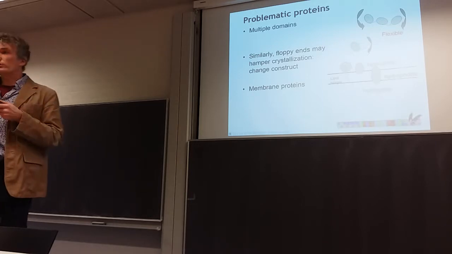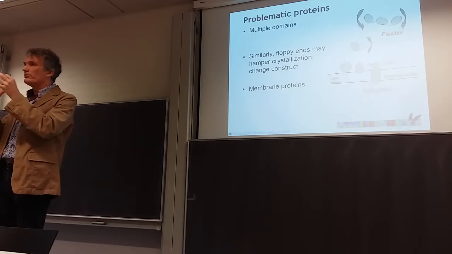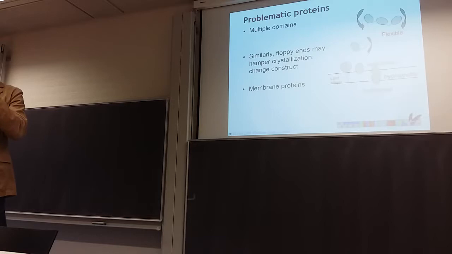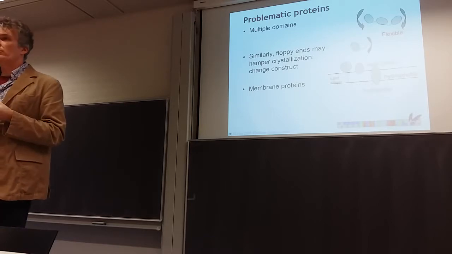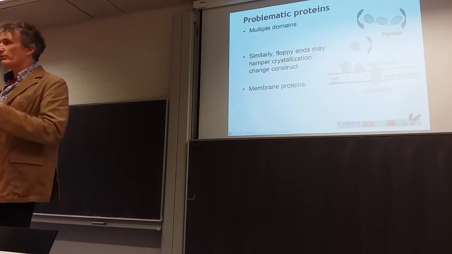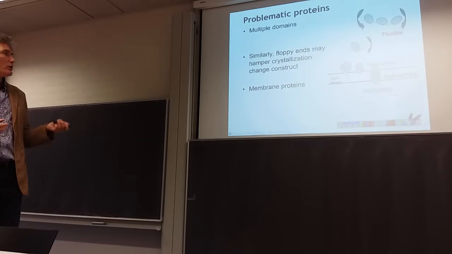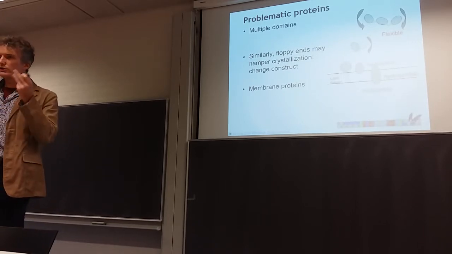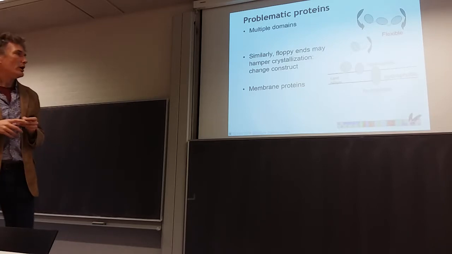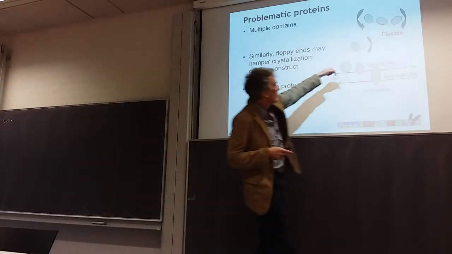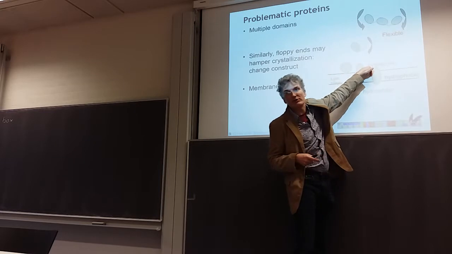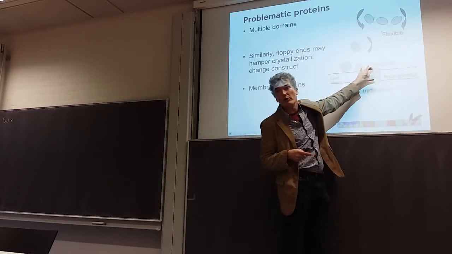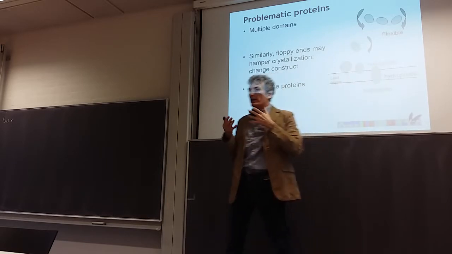So the trick is to have a bit of membrane-like environment in your crystal, and still have it crystallize, and that's very tricky. What's usually done is you add some kind of detergents, which are like lipids but a little bit smaller, and then you get a blob, like half a micelle, around the membrane area of your protein, and then it should still crystallize.